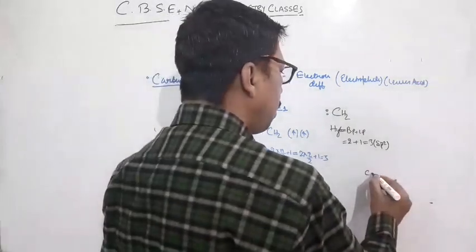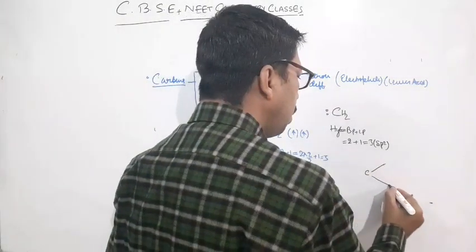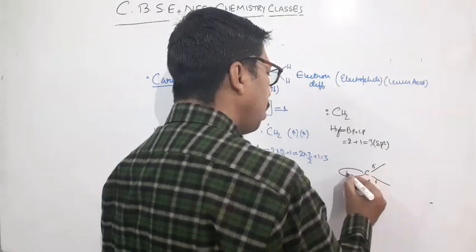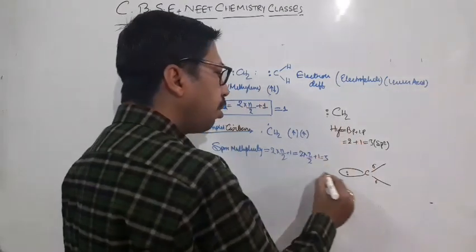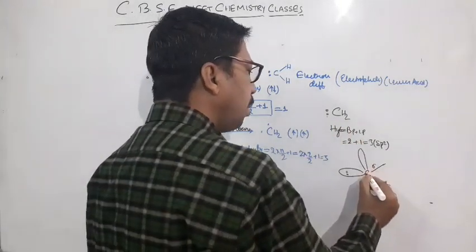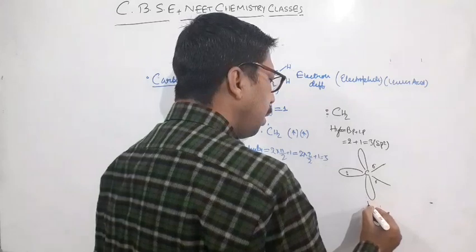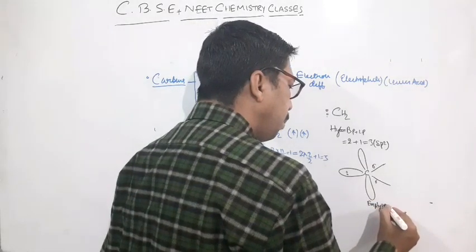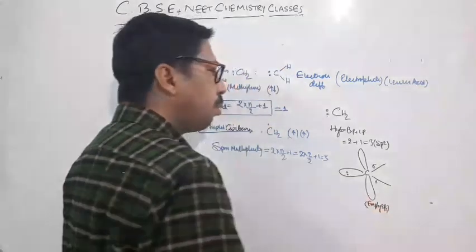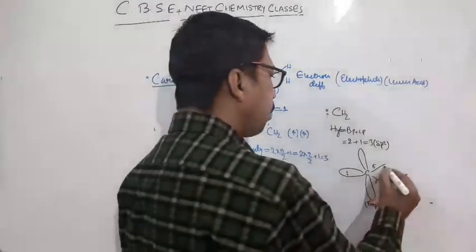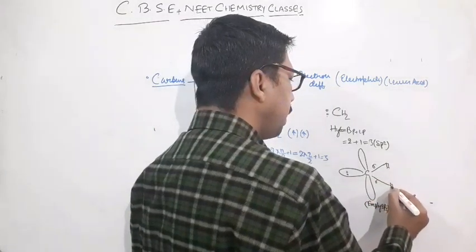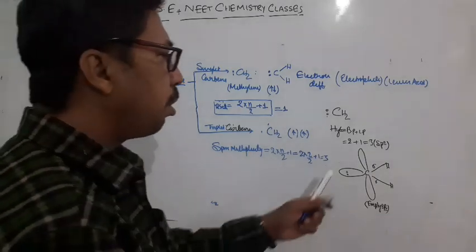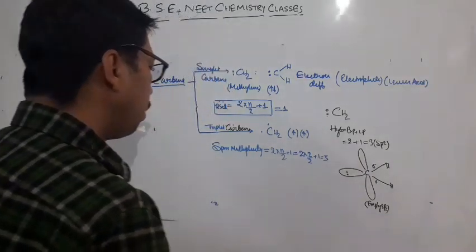And the planar structure, out of 3 sp2, 2 are forming 2 sigma bond, and the third sp2 hybrid orbital contains unshared pair of electron and one empty 2pz orbital. So this is the structure of singlet carbene, distorted trigonal planar, because there is a one lone pair of electrons.